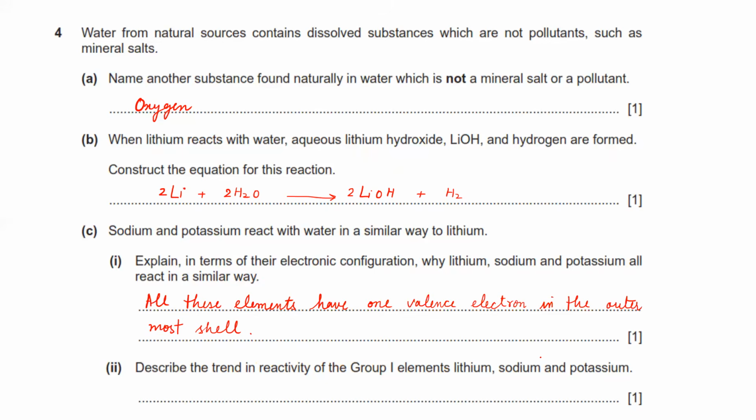So as we move down the group, the reactivity increases, and the reason is that the valence shell gets far away from the nucleus, and it is much easier to remove electrons from a larger atom, or an atom which has valence shells much farther away, compared to an atom which has the valence electron much nearer to the nucleus.